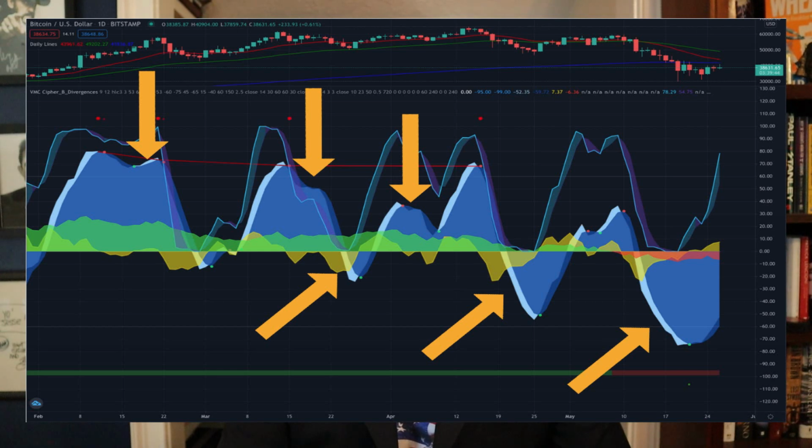So what you're looking for here are trends in the blue waves. Now, if you're trading on the minute or hour, which is how they do it in the tutorials for Market Cipher, it's a little bit different than what I'm looking at here today. This is much more drawn out over weeks and months, okay?